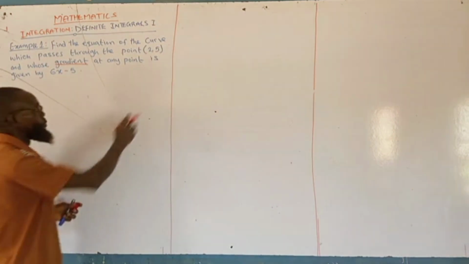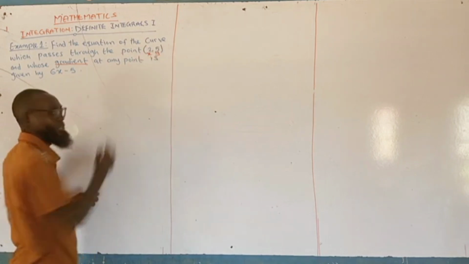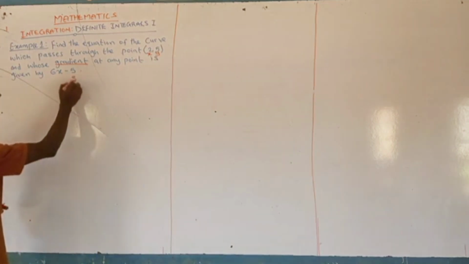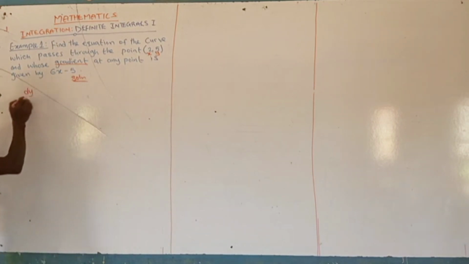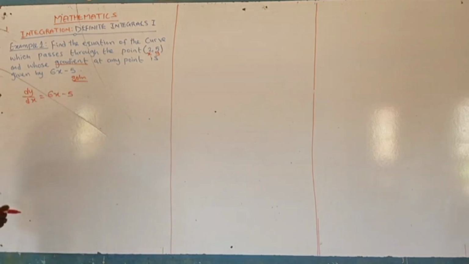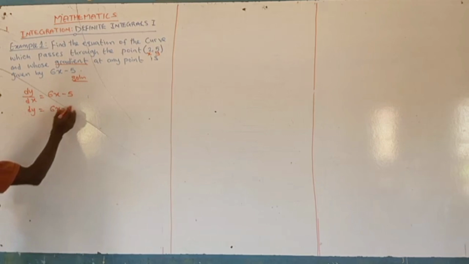Now, we are given the point (2, 5). This means x and this means y. So let's solve this. We have dy/dx equals 6x minus 5. Then we cross multiply, so I have dy equals (6x minus 5) dx.